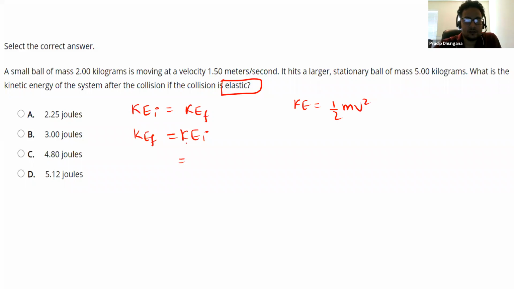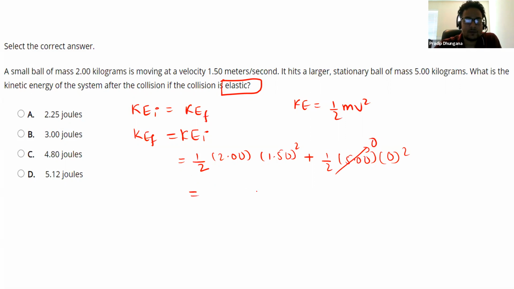For the small ball, 1/2 mass, mass is 2 kilograms, velocity is 1.5 squared, plus it is a stationary ball of mass 5 kilograms. So in that case, 1/2 mass is 5, stationary means velocity is 0 squared. So this whole term becomes 0.